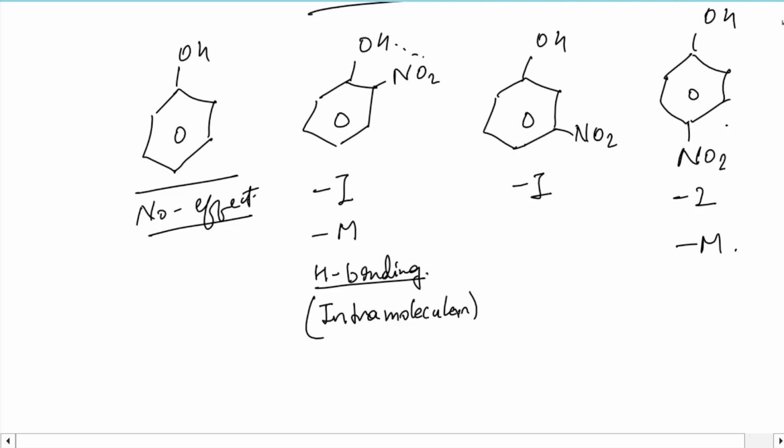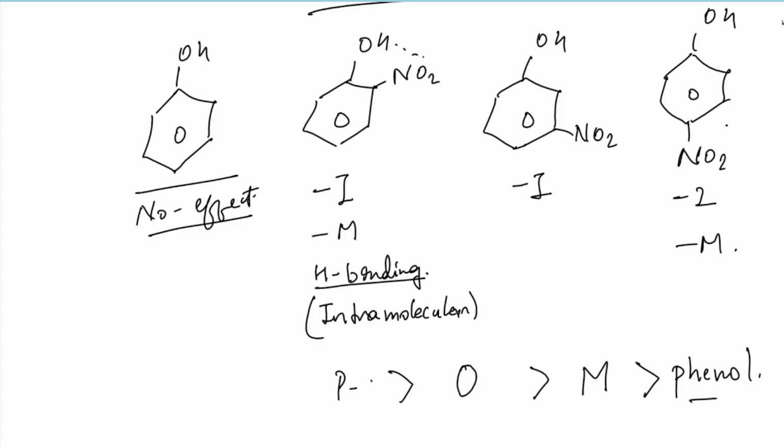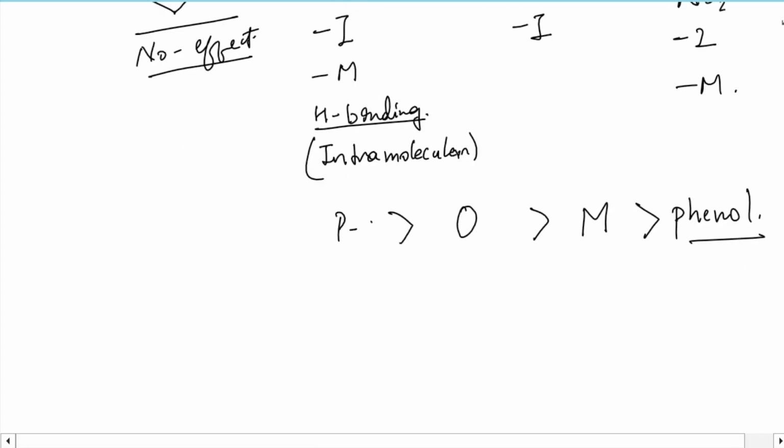But since this hydrogen bonding is there, it makes it less acidic than paranitrophenol. Hence paranitrophenol is most acidic. Then what comes is orthonitrophenol, then metanitrophenol, and then comes phenol. Okay, so that's it.